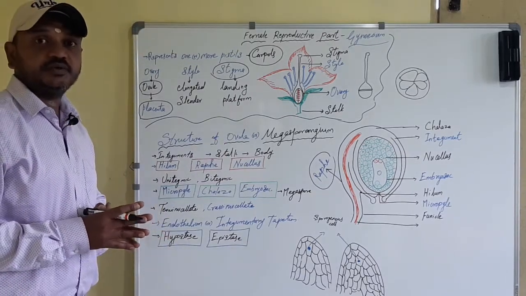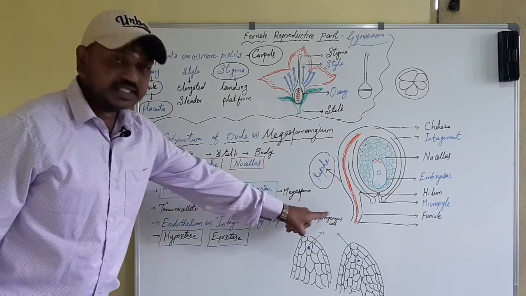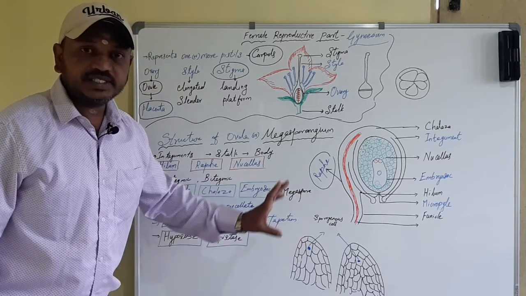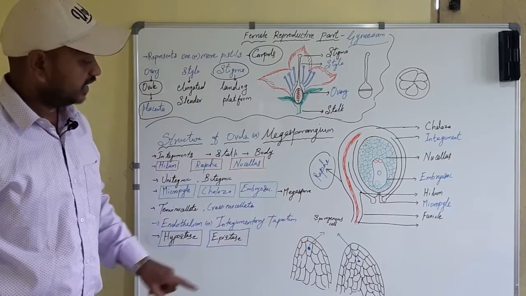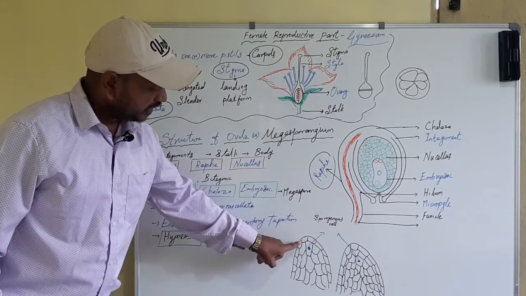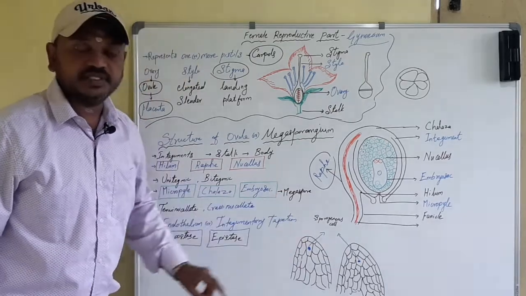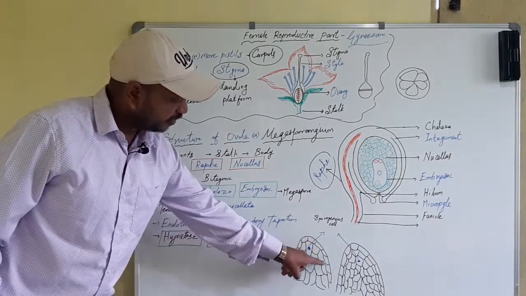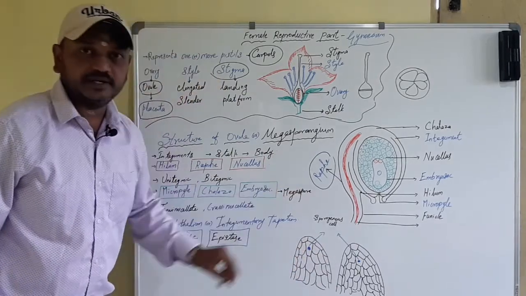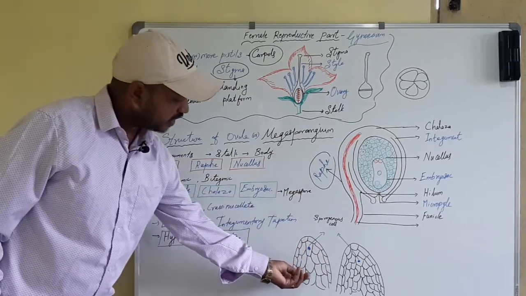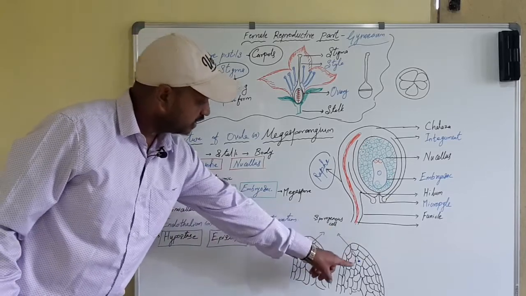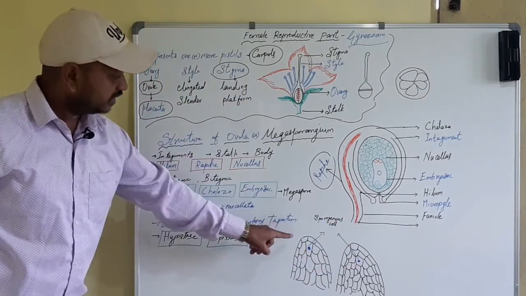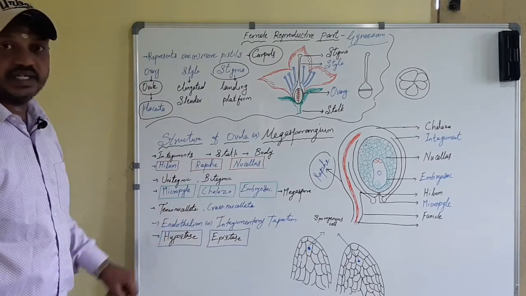In a tenuinucellate ovule, the sporogenous cell is placed in the hypodermal cell. What is the hypodermal cell? In the nucellus, the outermost layer is the epidermis, and next to it is the hypodermis. The sporogenous cell is surrounded by a single layer of hypodermal cells. It possesses a smaller amount of nucellus tissue compared to the crassinucellate type. This is called the tenuinucellate type of ovule.